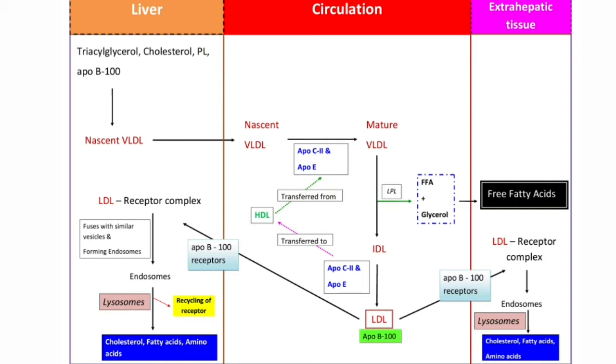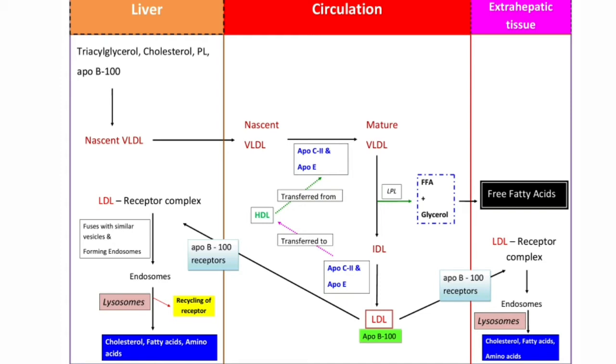After addition of carbohydrate residues in the Golgi apparatus, they are released from the cell by reverse pinocytosis. So, VLDL are secreted into the space of Disse and then into the hepatic sinusoids through fenestrae in the endothelial lining. This secreted VLDL is called nascent VLDL because it is functionally incomplete. It is not a completely active VLDL.